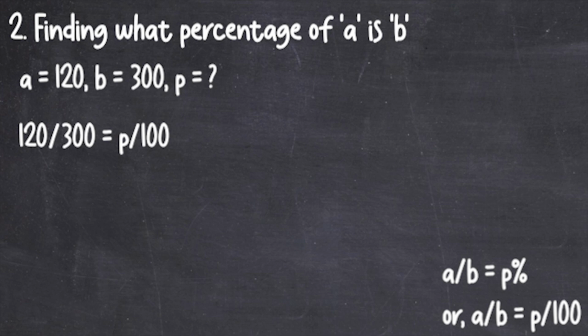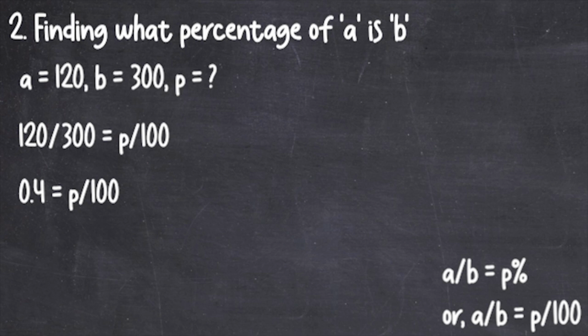Some simplification is necessary to find P. We start by converting the fraction 120 over 300 to a decimal. Dividing 120 by 300 gives us 0.4. In doing so, the equation reduces to 0.4 equals P over 100.